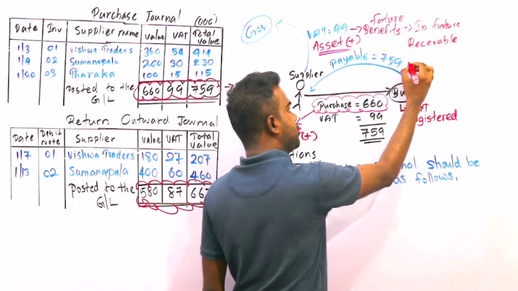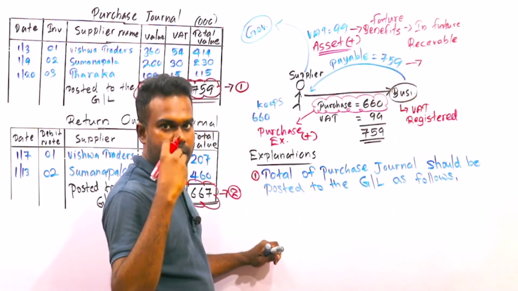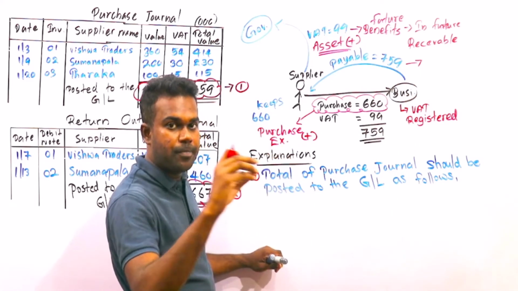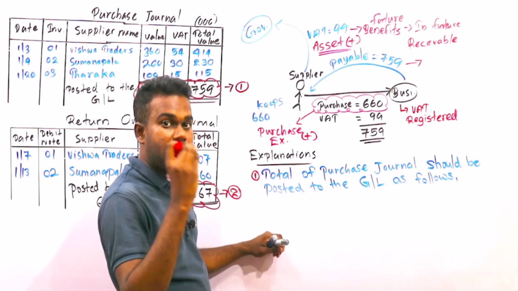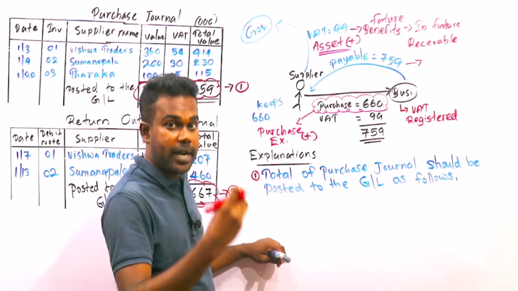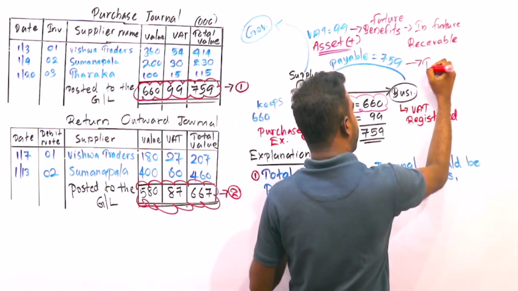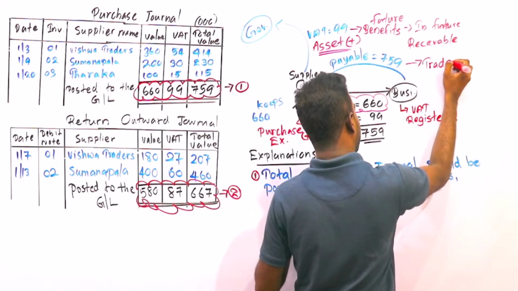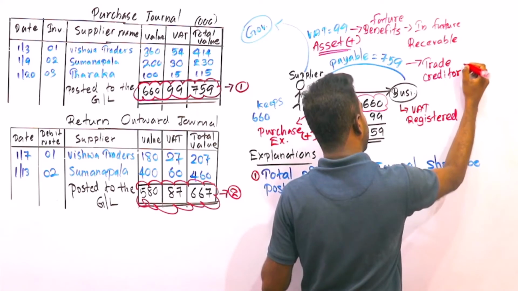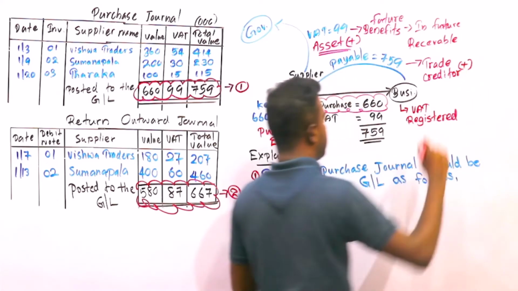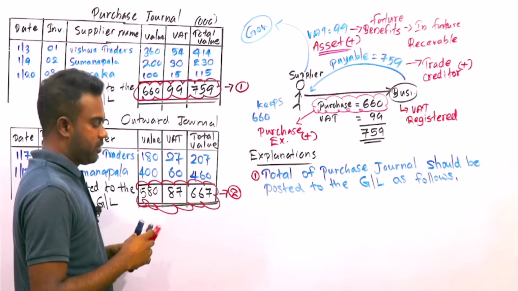VAT amount, this is payable, right? So if something is payable to the suppliers, what do we call that? Payables means liability, you know. What is the liability name? Trade creditor, trade payables. I will write down here trade creditor. Trade creditor liability will be increased by 759, right?